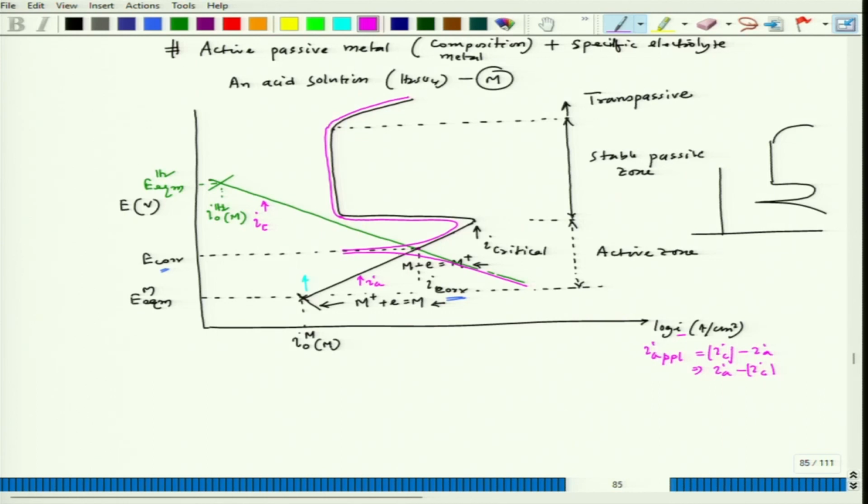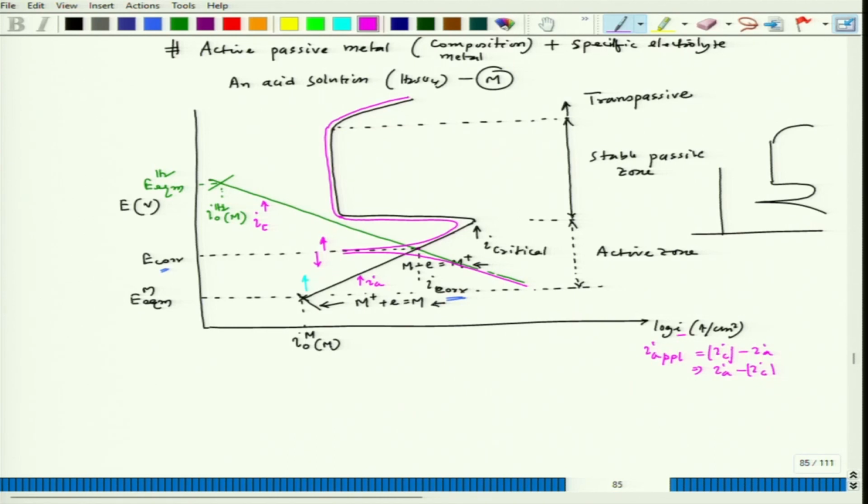For example, below this particular E core, it should be IC minus IA, and that becomes my I applied, and beyond that line it will be IA minus IC, because IA value is more than IC. So, that way we find I applied and take a log and then plot it. So, that should be the plot.